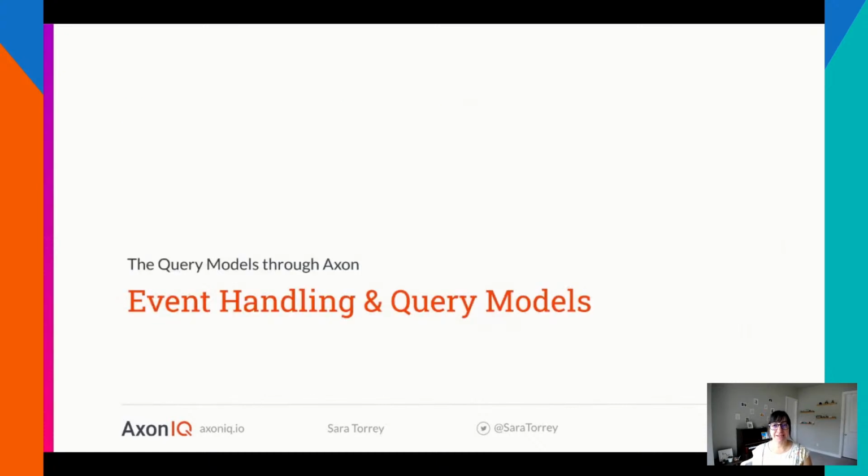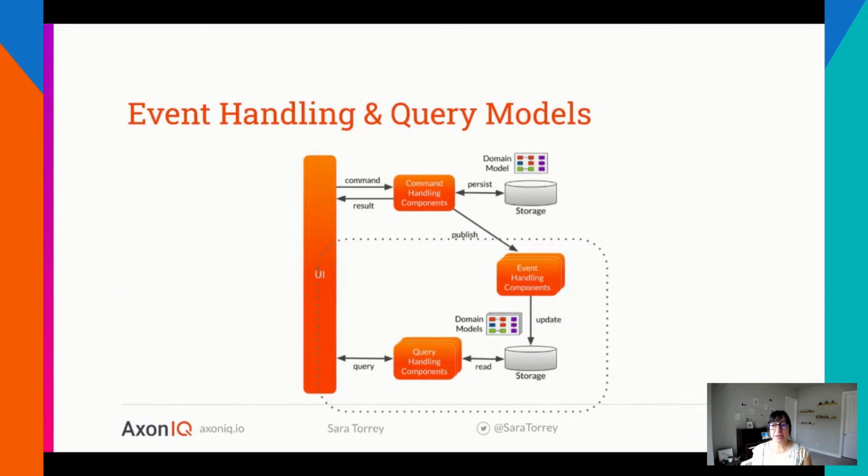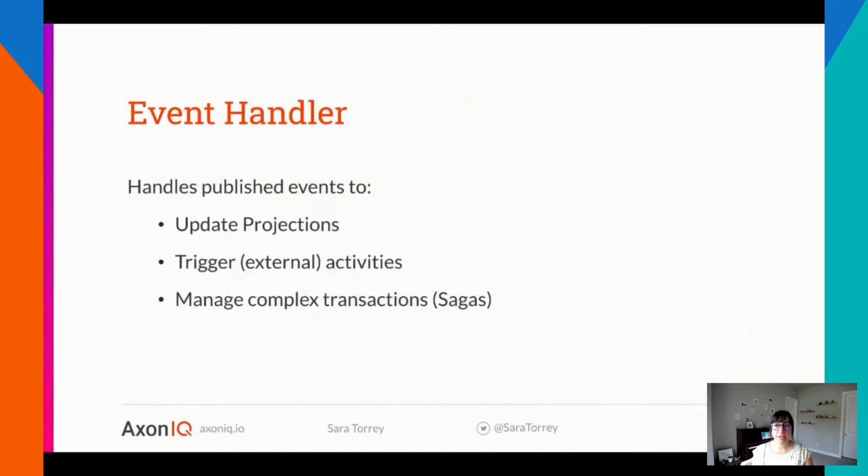Now let's look at the event handling in the query model. So in this diagram, now we're going to focus on the bottom side of it. Now, what is an event handler? It is very similar to the command handler, but of course, with regards to the events. An event handler is a component which handles published events. The event handler can then, for example, create or update projections.